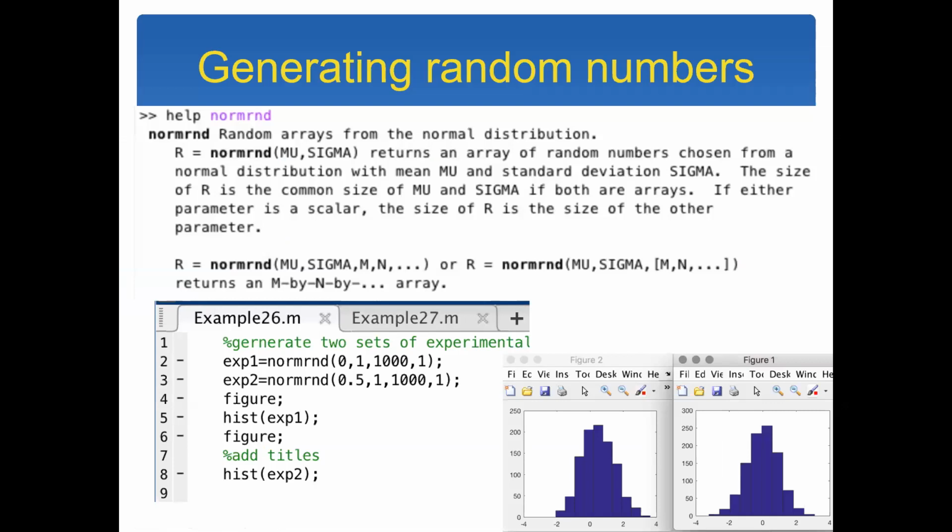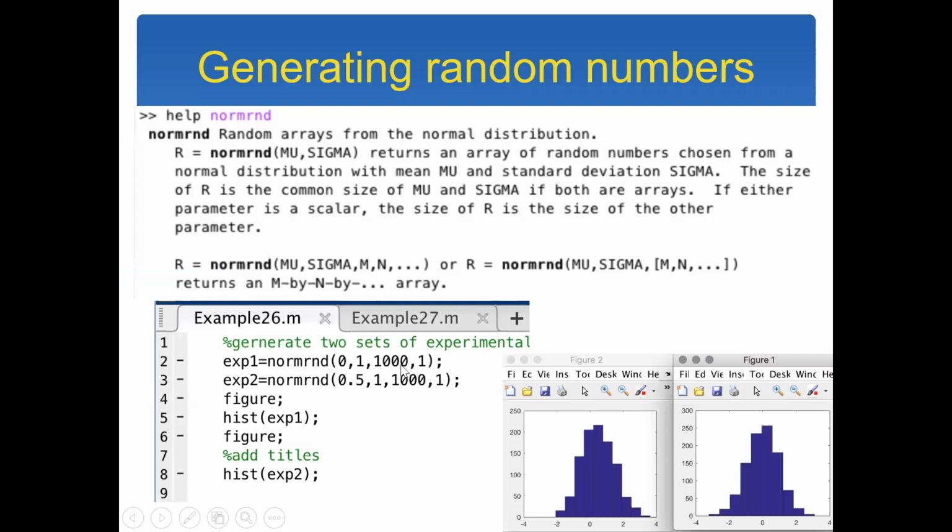Right, so this example is just to say MATLAB has some functions that can generate random numbers. And so this normrnd is a function that can give you a sample from a normal distribution with the mean being the first value and the variance being the second value, and generate it as an array or a vector.